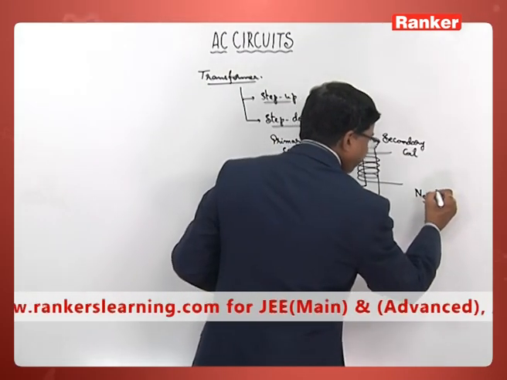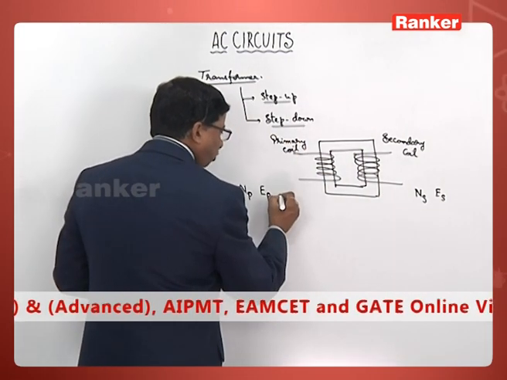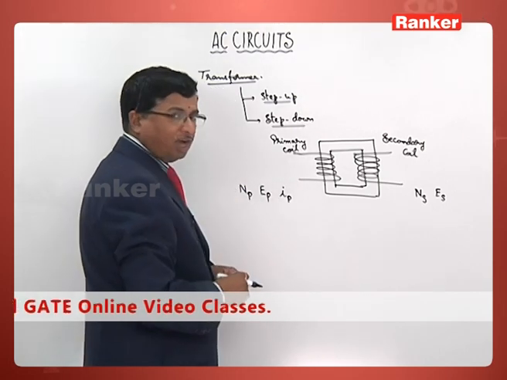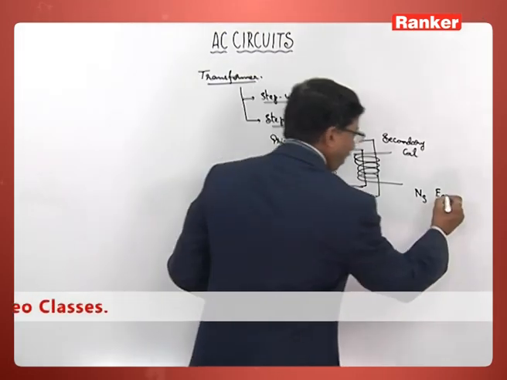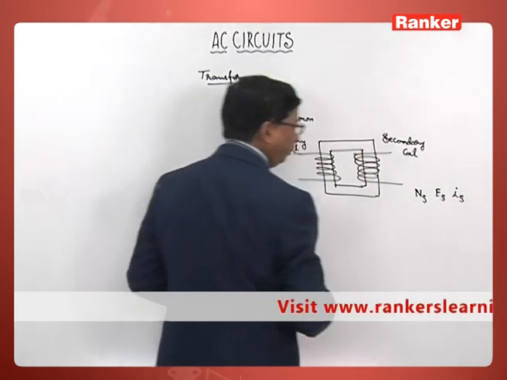Similarly, E secondary we used to take. Likewise, the current in the primary coil, I consider as I primary, and the current across the secondary coil, I take as I secondary.